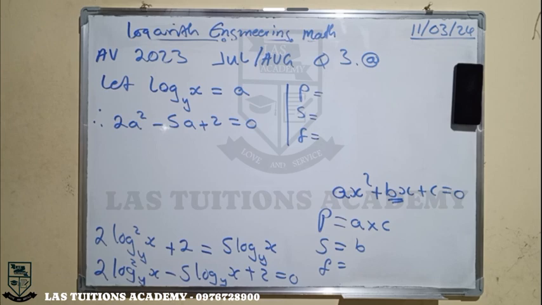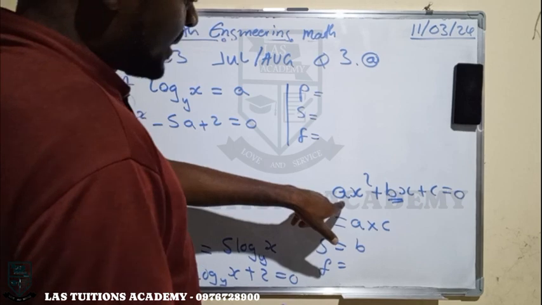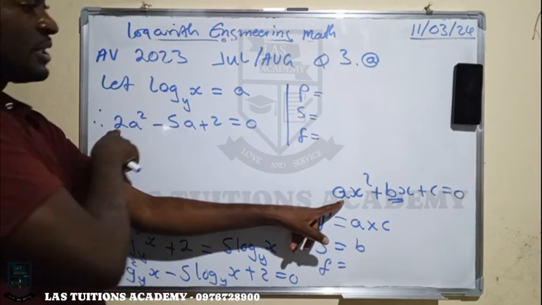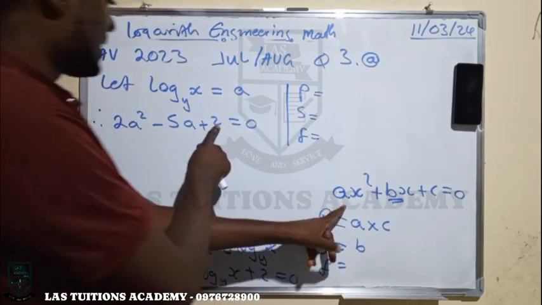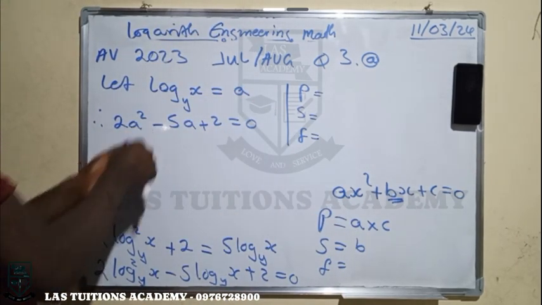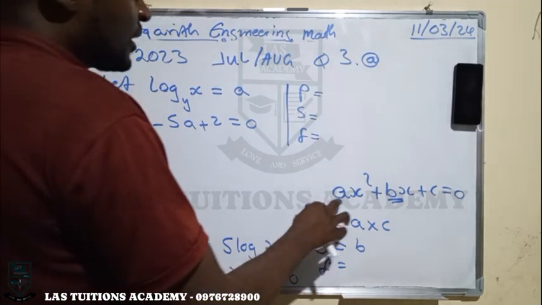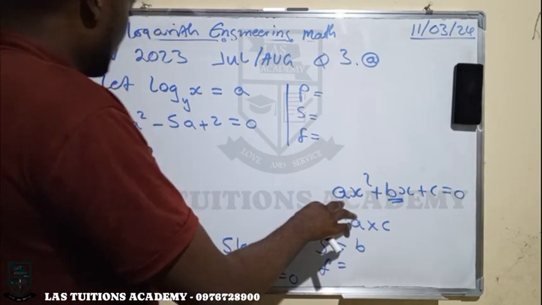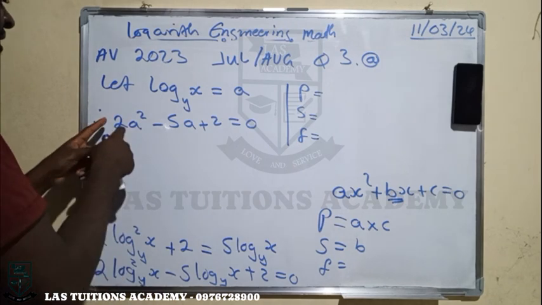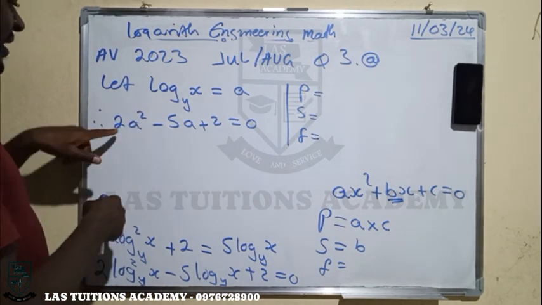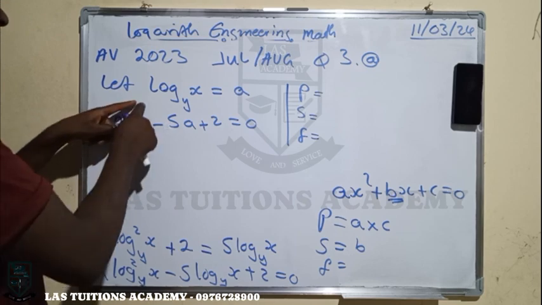Good. Because here I'm simply saying you get the A, which is the coefficient. So here our coefficient is 2. Then you get the C, which is that C. You have nothing to do with the A squared. The A squared only tells you this is your A, because your A always is the coefficient of the variable which is squared.